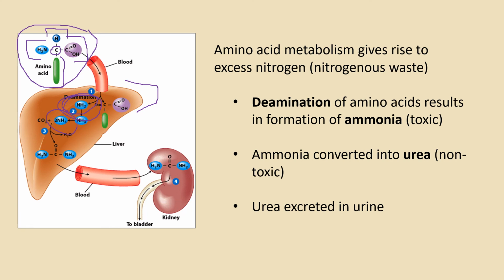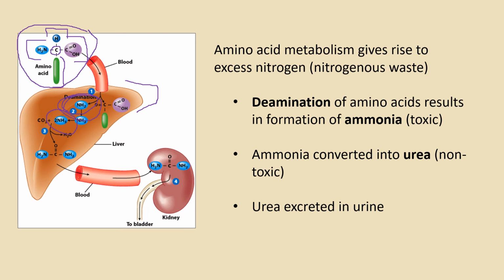So if ammonia were to be allowed to accumulate in your blood, it would very quickly disrupt your blood pH. It could potentially disrupt the pH gradient inside of our mitochondria. Do you remember that? That very high hydrogen ion concentration gradient inside the mitochondria that allows ATP synthase to make so much ATP. Ammonia could potentially disrupt that gradient.